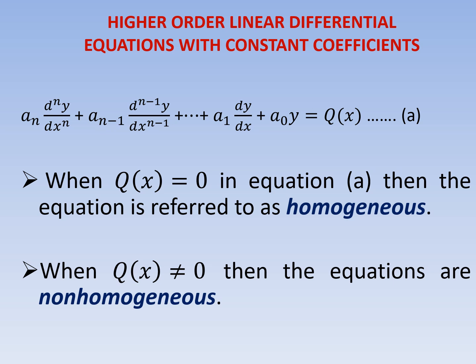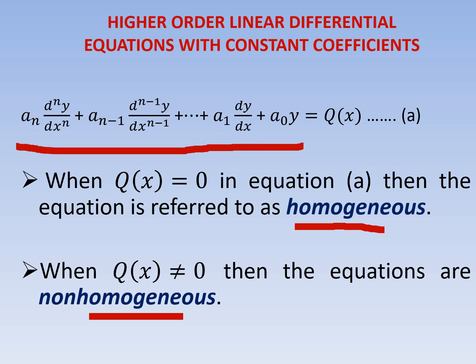Let us see what is meant by homogeneous and non-homogeneous linear differential equations of order n with constant coefficients. Here I denoted the linear differential equation of order n with constant coefficients with small a.